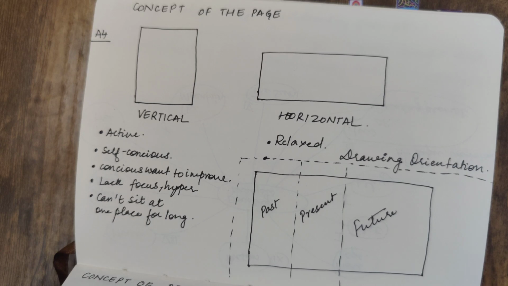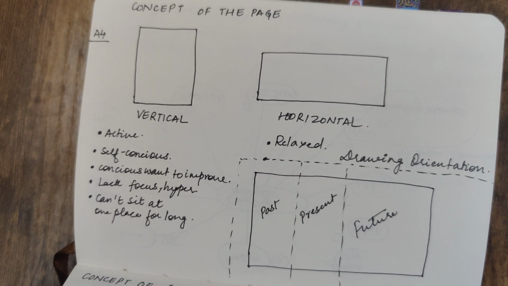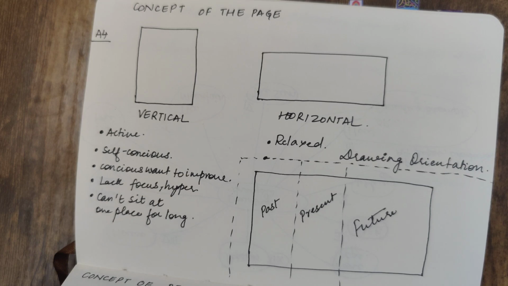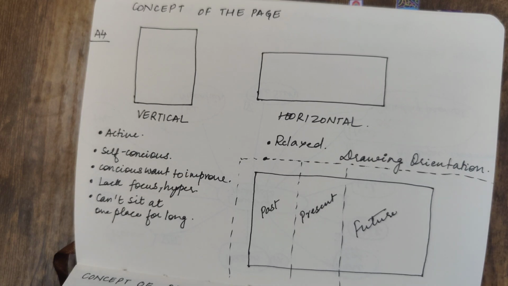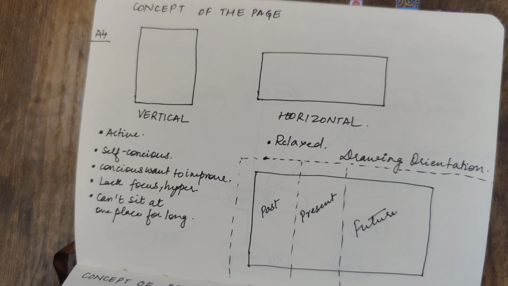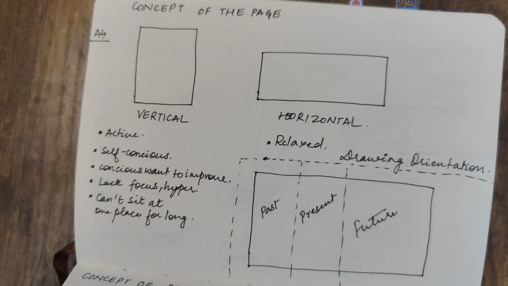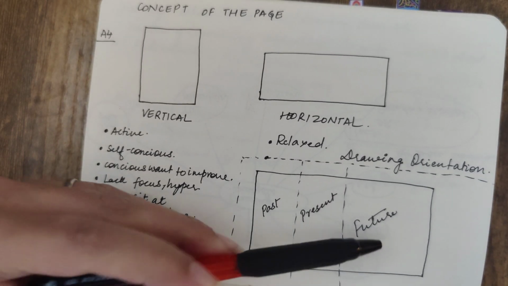Now moving on, for the purposes of this course and for future videos, we will look at everything in terms of the analysis for horizontal orientation. Let's assume the drawing returned to us was done horizontally, and the page itself can be divided into three parts: the past, the present, the future.